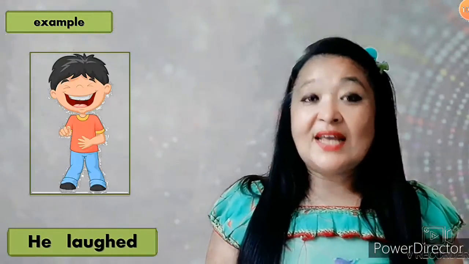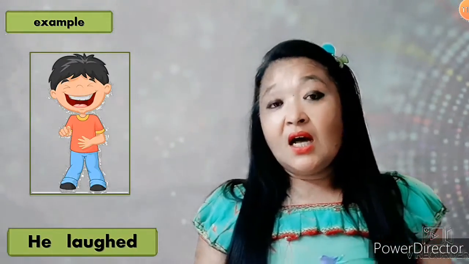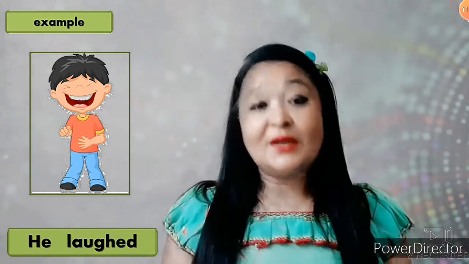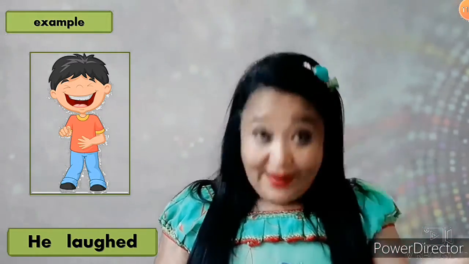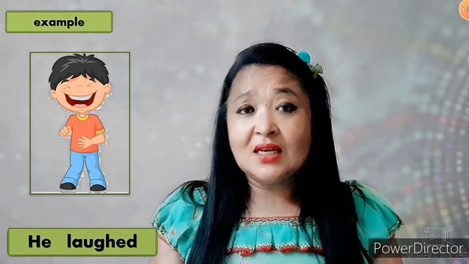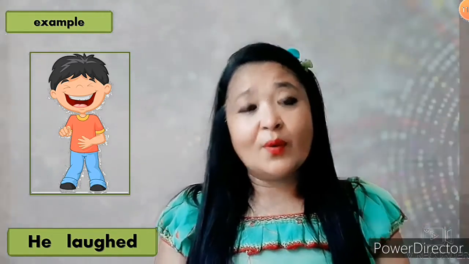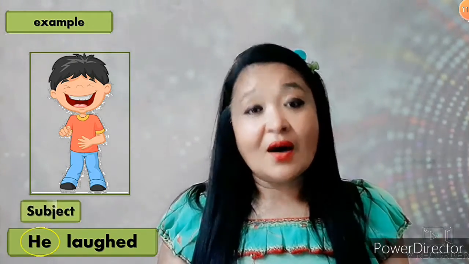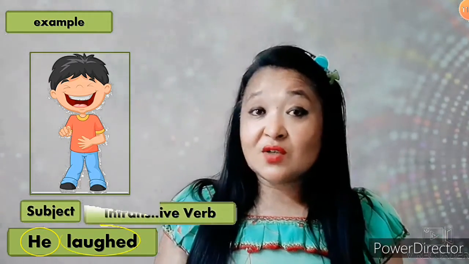Okay, when I say he laughed, this sentence, though it consists of two words, is a complete sentence. When I say he laughed, you understand he laughed. Okay, what is the subject here? Subject is he. Verb is laughed. What is the object? Object is not there.